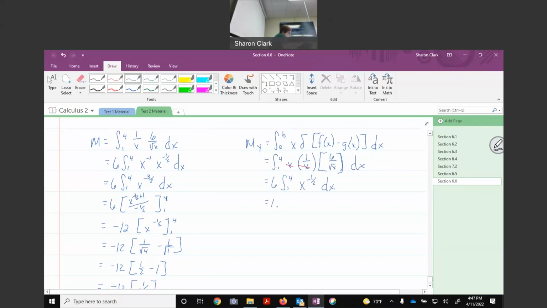So that's going to be 6 times x to the negative 1/2 plus 1 over 1/2 from 1 to 4. That's going to be 12 times x to the 1/2 from 1 to 4. That's 12 times the square root of 4 minus the square root of 1. That's 12 times 2 minus 1, which is 12.